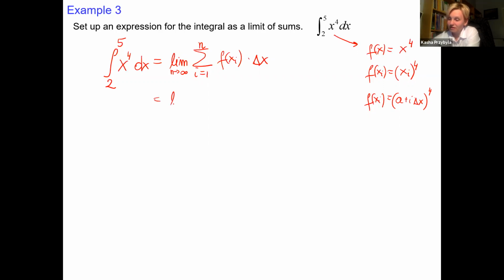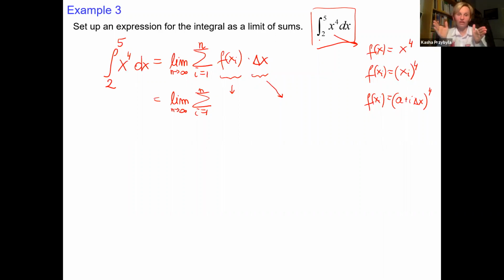This means the final answer is probably one of the options in the multiple choice. We have to put what is f of x sub i, and we have to compute delta x. Who can tell me what delta x is, using this information?